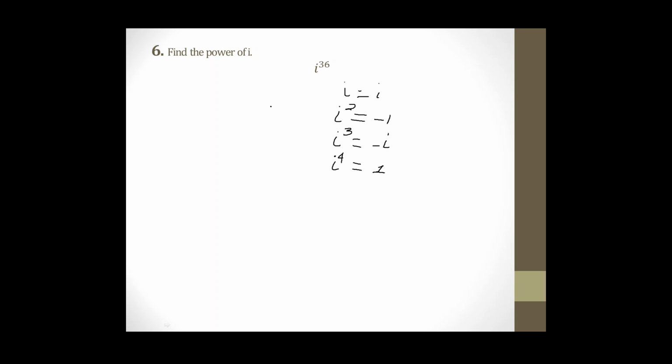If I'm trying to find i to the 36th, this only means that it repeats every 4, like i to the 8, i to the 12, and so on. Multiples of 4 will all be 1. So all I need to do is find out how many times 4 goes into 36.